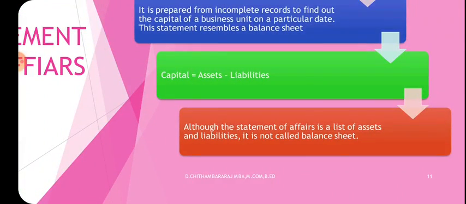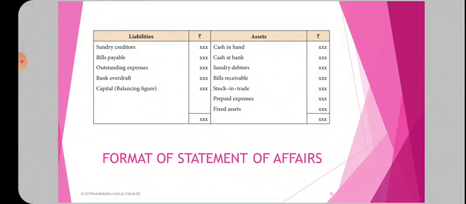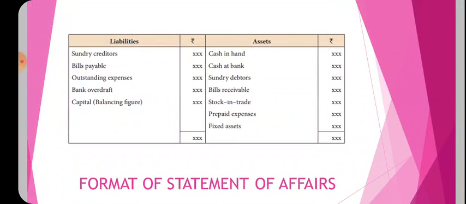Although statement of affairs is a list of assets and liabilities, it is not called a balance sheet. This is the format of statement of affairs: liabilities on the left hand side, assets on the right hand side. The balance sheet will be tallied, but here the difference is calculated as capital. We will study all the exercise sums and illustration sums later. This is the theory part.